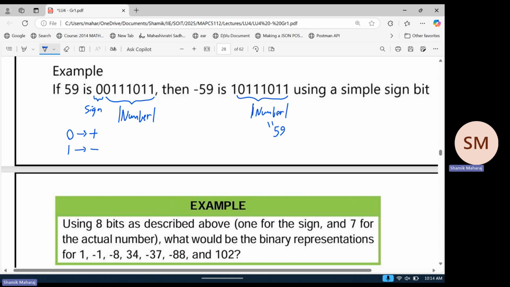And the first bit is a 1. If the first bit is a 1, it means that we are dealing with a negative number. So this part here represents the sign again, and in this case, because it's 1, our final answer here is negative 59. This changes the sign.